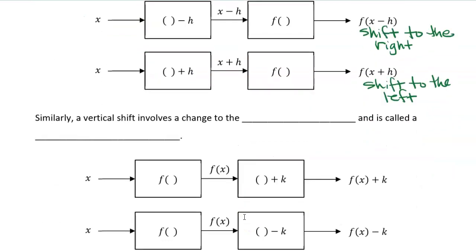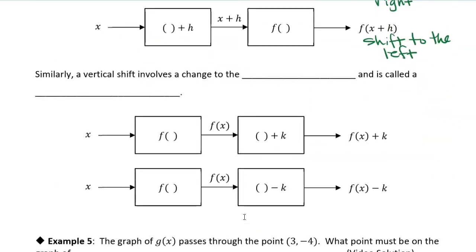We also looked at vertical shifts in the first couple of examples, and a vertical shift involves a change to the output. We're taking the output of the function and adding or subtracting, and it shifts the graph up or down. That's considered an outside change, because we're changing the output of the function.